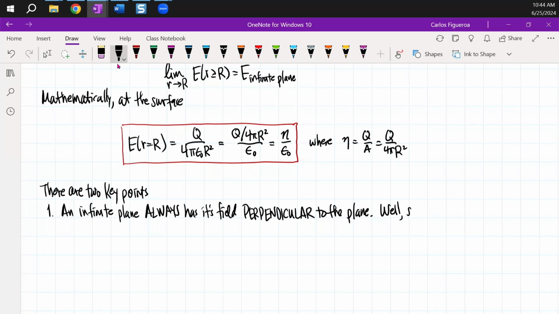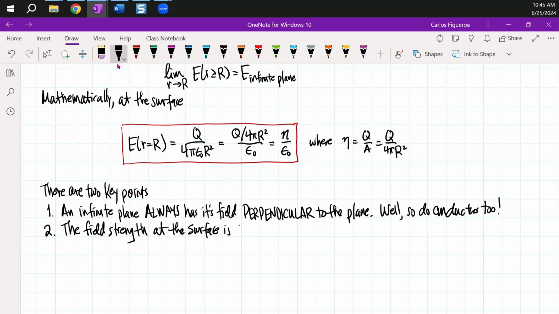Well, so do conductors. And the second thing I want to say is that the field strength at the surface is twice the strength of an infinite plane.